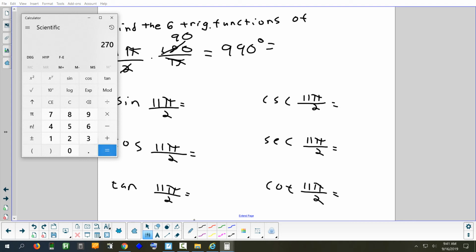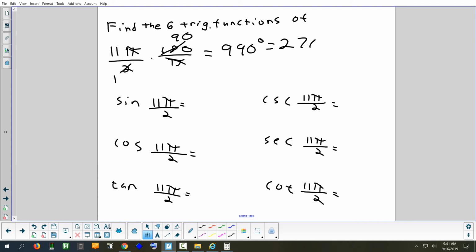Let's subtract 360 again. 270. All right. So if I draw my unit circle, where's 270? Yep, it's at the bottom. And what's the coordinate if you go straight down? 0, -1.